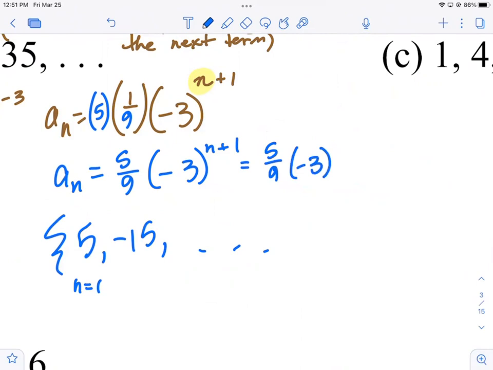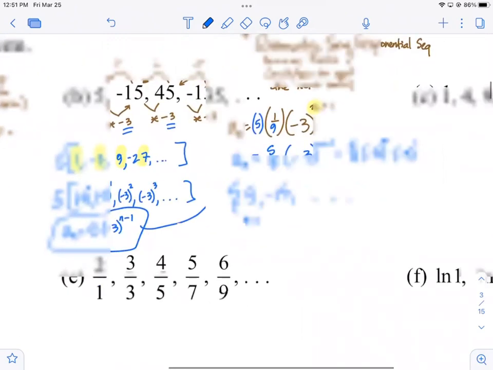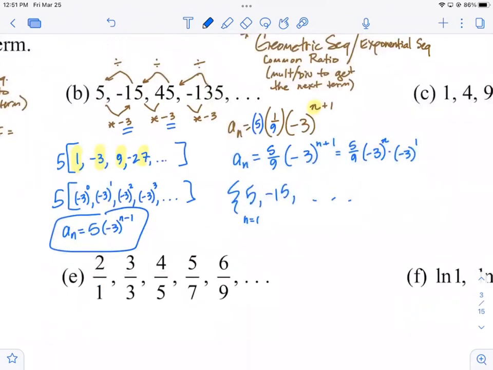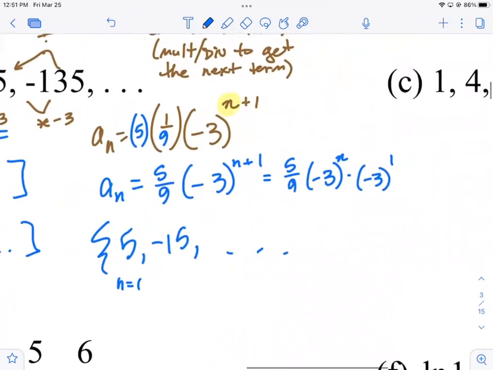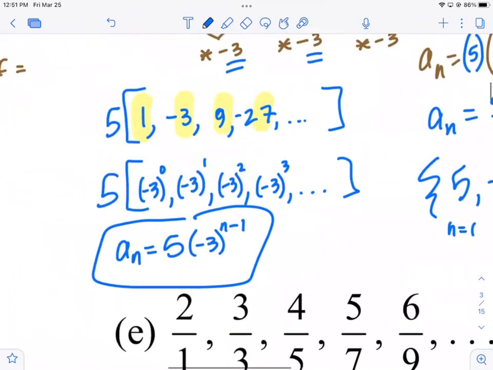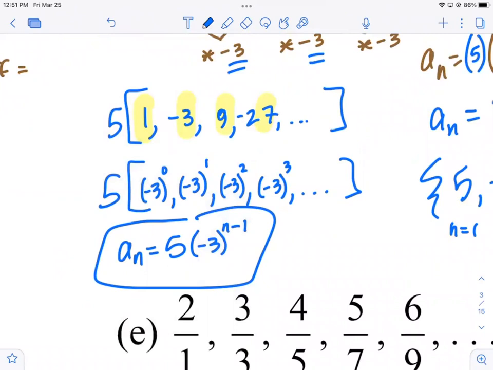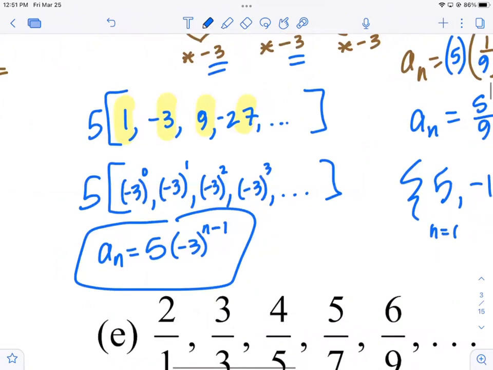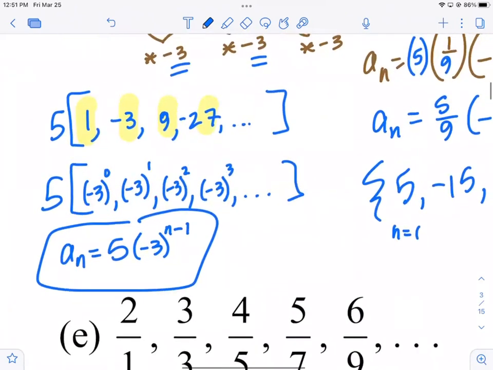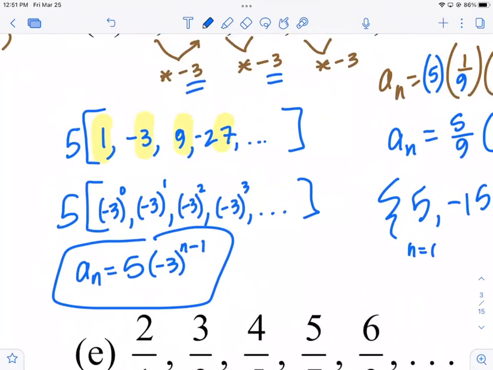-3 to the n plus 1 is the same as -3 to the n times -3 to the first, right? I hope. -3 to the n plus 1. Does this work? Yeah, this should work, right? Should work. 1 plus 1 is 0.